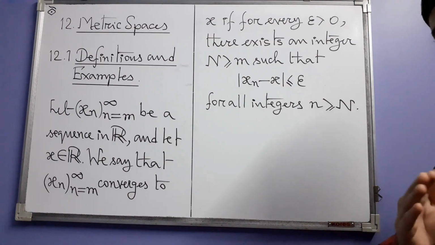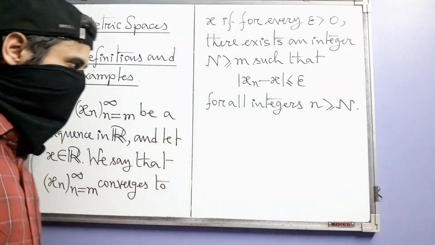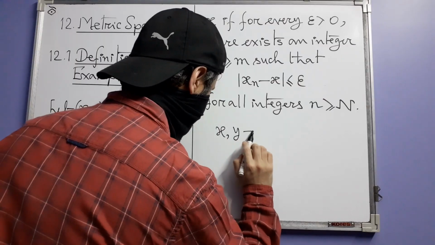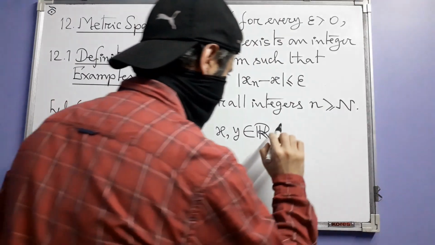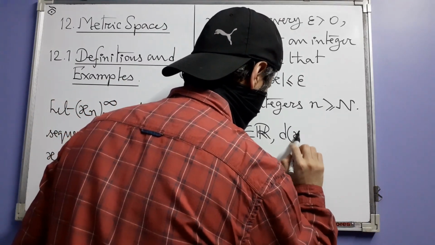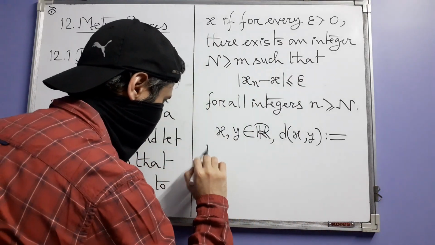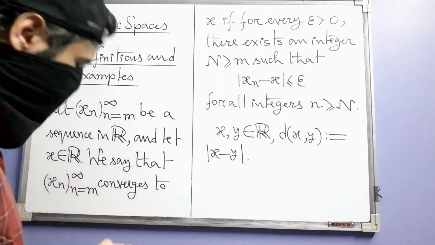And that is this definition. Say you have two real numbers x and y, then the distance between them is defined to equal the absolute value of the difference x minus y.